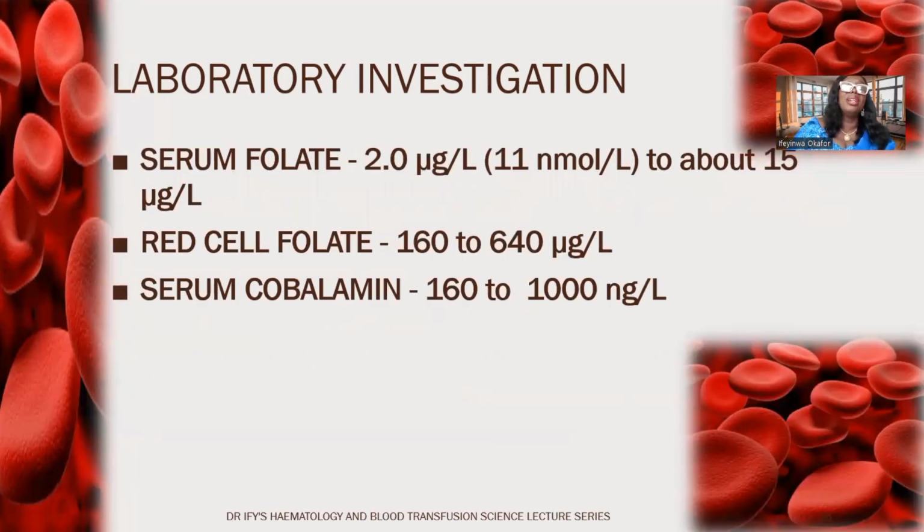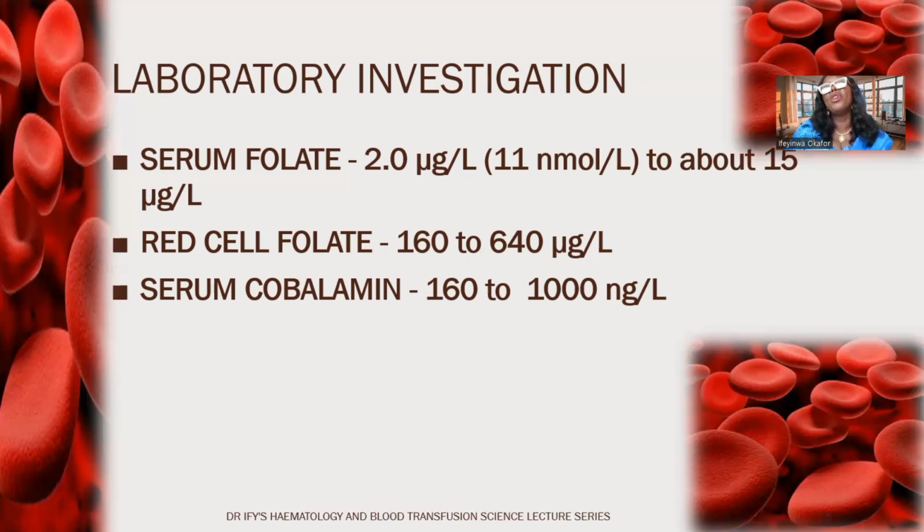Other tests that can be done are estimation of serum folate, red blood cell folate, and serum cobalamin. Remember, I said in hematology, our diagnosis is based first on doing our complete blood count, looking at our red cell indices, and looking at our peripheral film, observing those features that are specific for megaloblastic anemia.